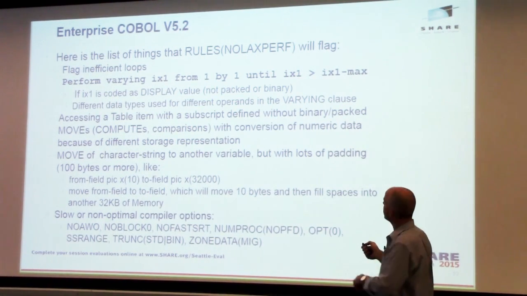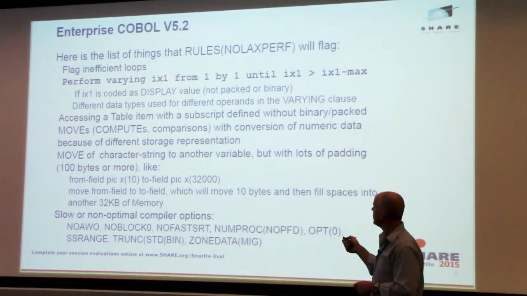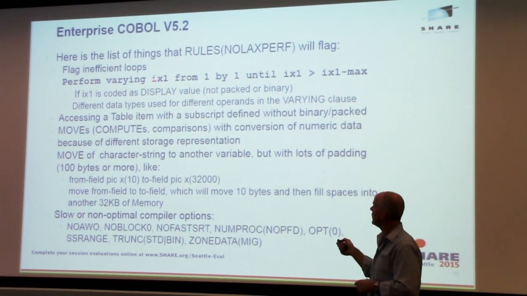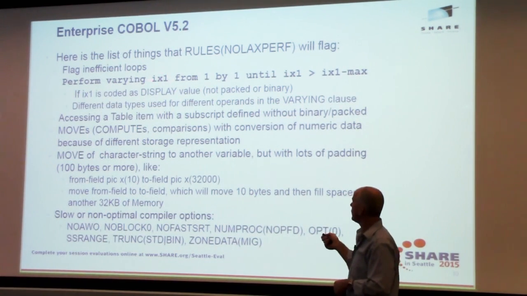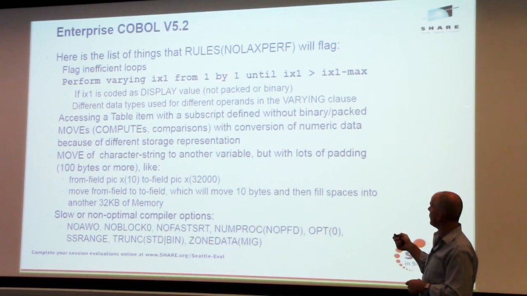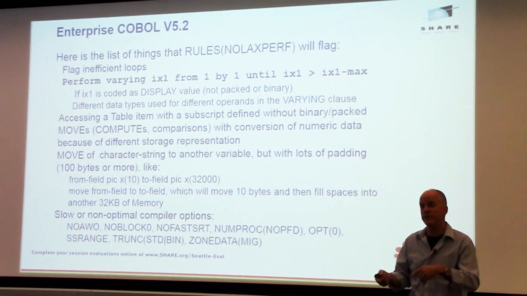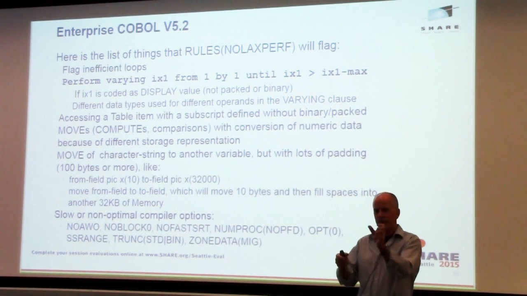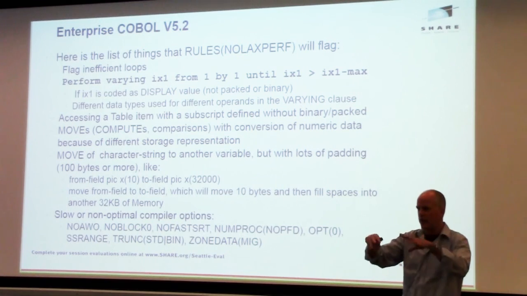LaxPerf talks about things like doing a perform loop and using a variable data type. This is hidden math. When I'm doing perform varying, I'm doing a whole bunch of math on that variable. So I shouldn't do varying of an inefficient data type. And I shouldn't have all of the different operands of perform varying be different data types, so that the compiler has to find a common denominator. I have packed decimal, I have binary, I have float. Let's see, what can I do? All of this math together, I have to convert all the parts.